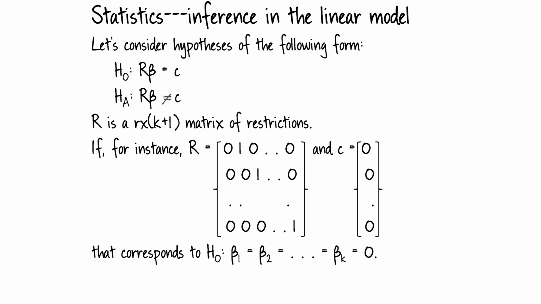And the reason why the column of zeros is tacked on the front is because that corresponds to the intercept, and we're not interested, at least here, in testing a hypothesis about the intercept. Okay? And then the C vector is just a vector of zeros. Okay? So I do want to emphasize, even though I've written this as one equation, we're testing K hypotheses simultaneously here. So we have K equal signs.